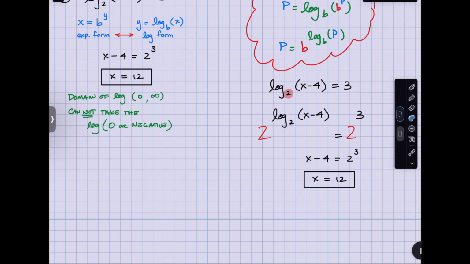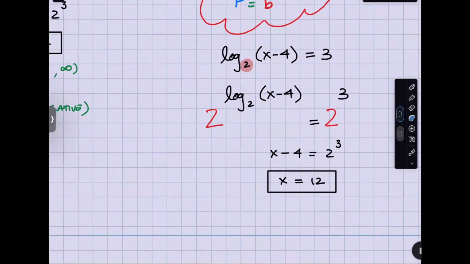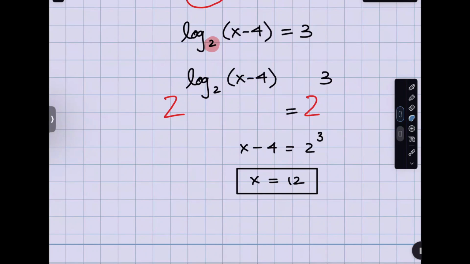So it's that rule that converts it from log form to exponent form. Okay? Yeah?